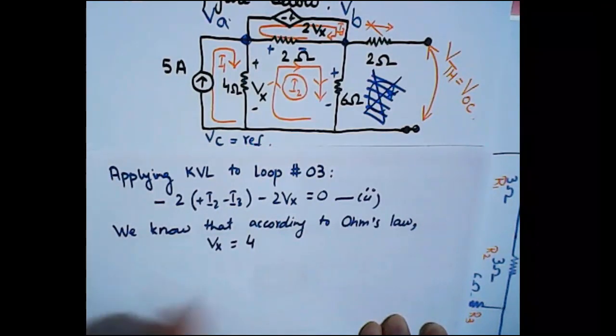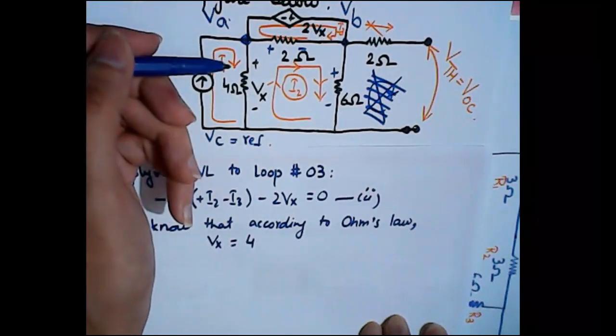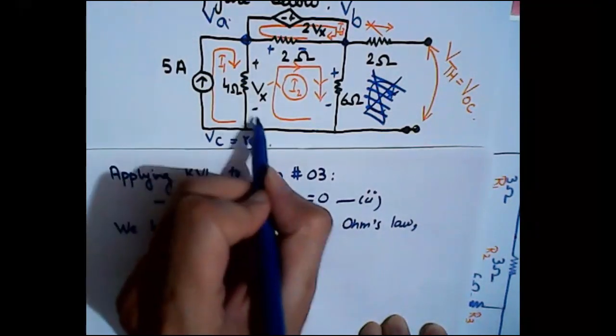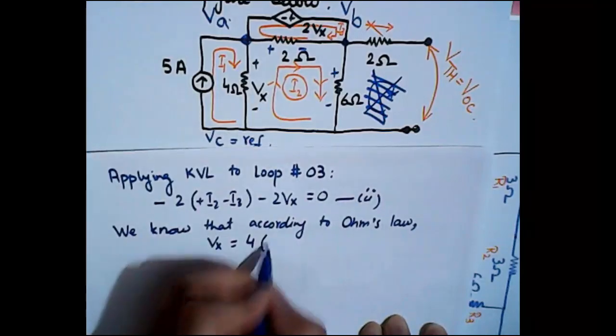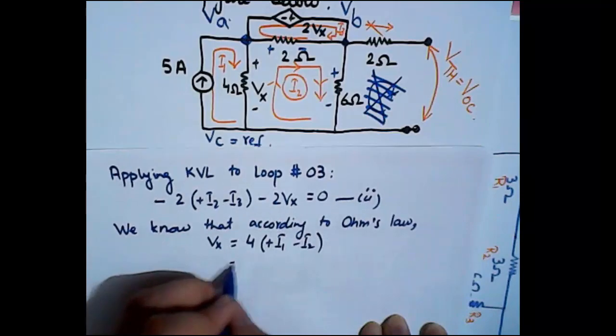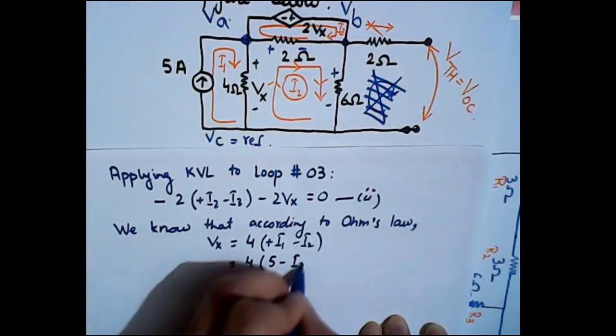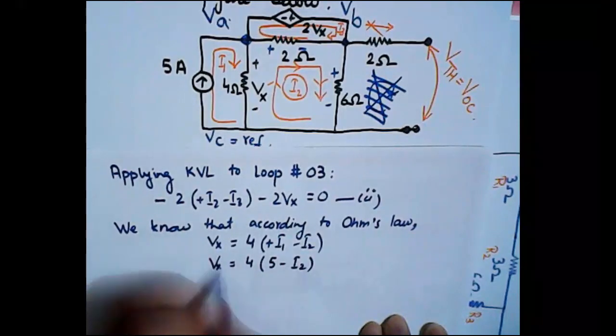Again it has two currents involved, right? The first current is entering the positive terminal, this current is I1. The second current is entering the negative terminal, and this current is I2. So it will be plus I1 minus I2, right? We know that I1 is 5, so Vx is 4 times 5 minus I2.